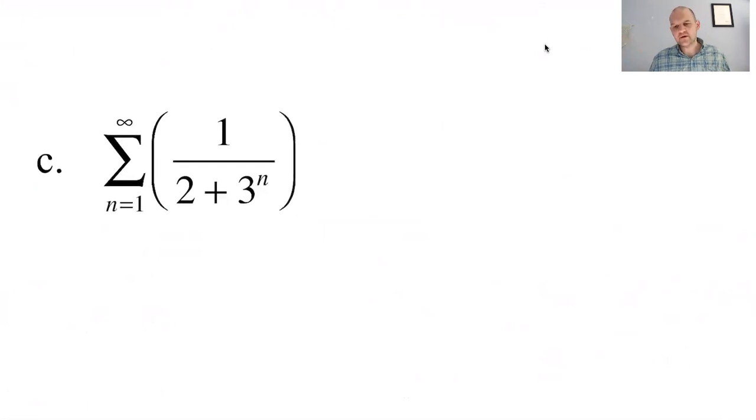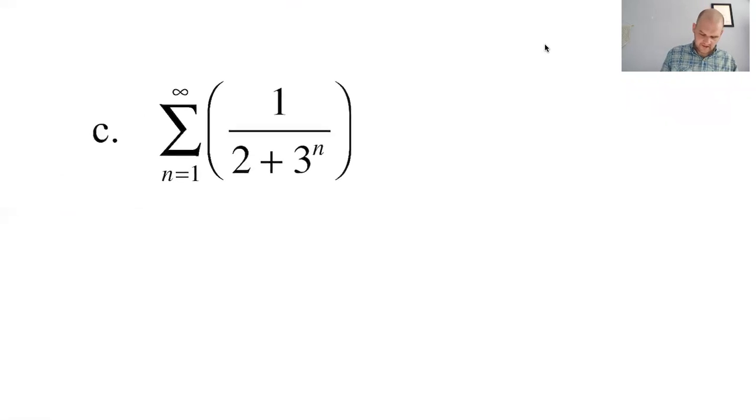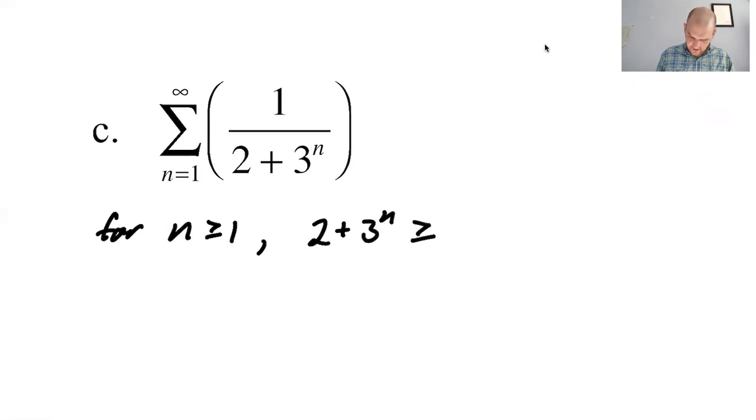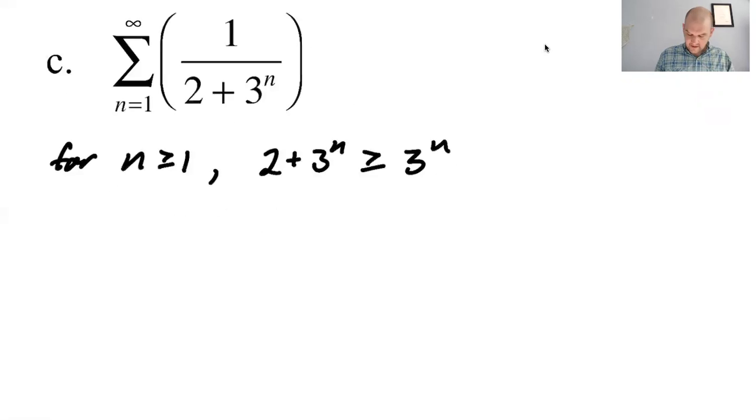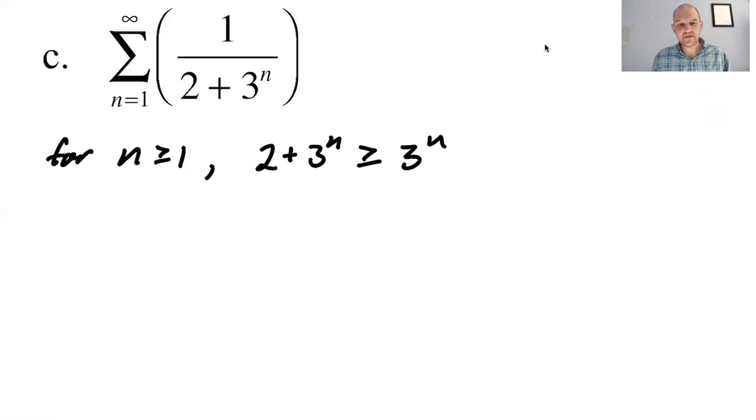This one's going to go better. I can feel it already, because this one's more straightforward, I think. All right, so for n greater than or equal to 1, 2 plus 3 to the n has to be greater than or equal to just 3 to the n. It basically looks geometric to me, with some shift happening, which means I'm going to try to compare it to a geometric.